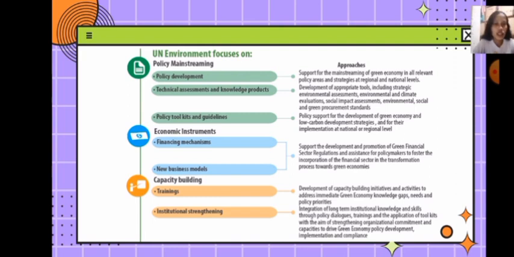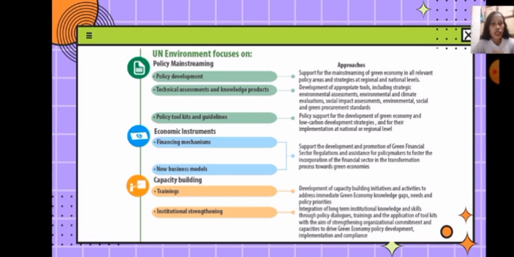Then second is technical assessments and knowledge products, where development of appropriate tools including strategic environmental assessments, environmental and climate evaluation, social impact assessments, environmental, social, and green procurement standards. Then policy toolkits and guidelines, policy support for the development of green economy and low carbon development strategies and for their implementation at national or regional level.